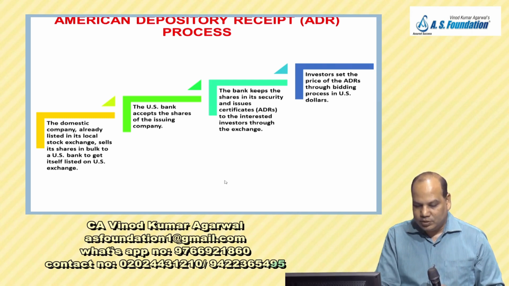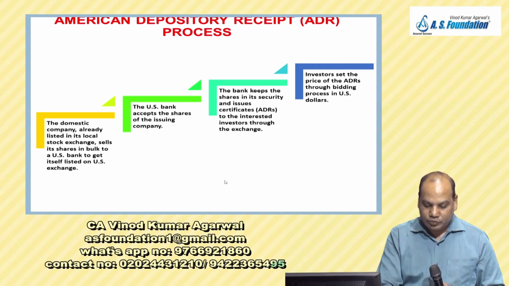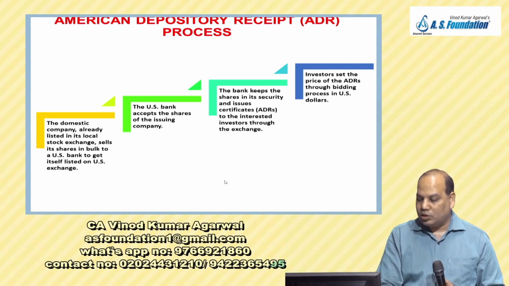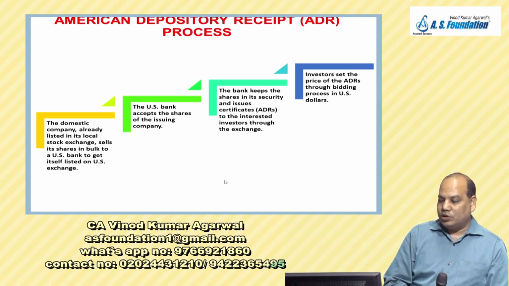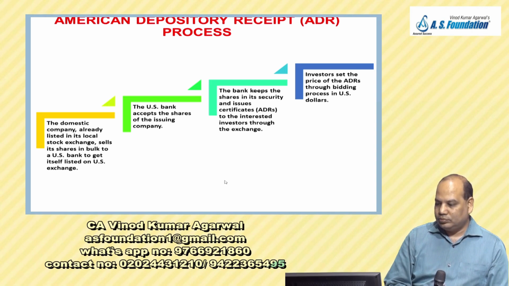The domestic company, let us say Wipro. Suppose Wipro wants to get itself listed. The domestic company, already listed in its local stock exchange, means in India, Wipro is listed in India, sells its shares in bulk to a US bank.